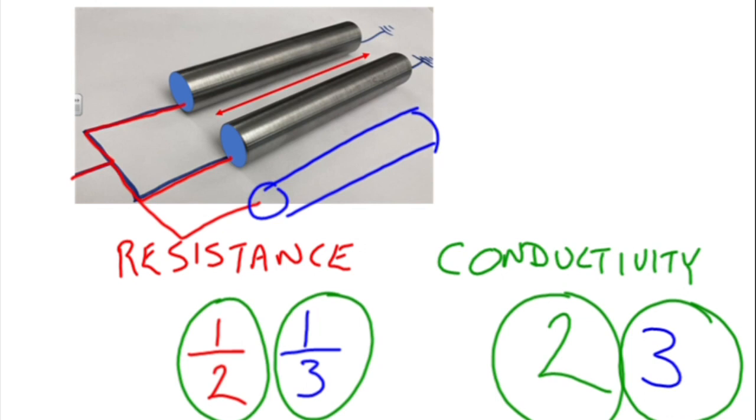Hopefully you will have noticed that there is a relationship between any decrease in resistance and any increase in conductivity. So as one reduces, one increases, and they are inversely proportionate to each other.